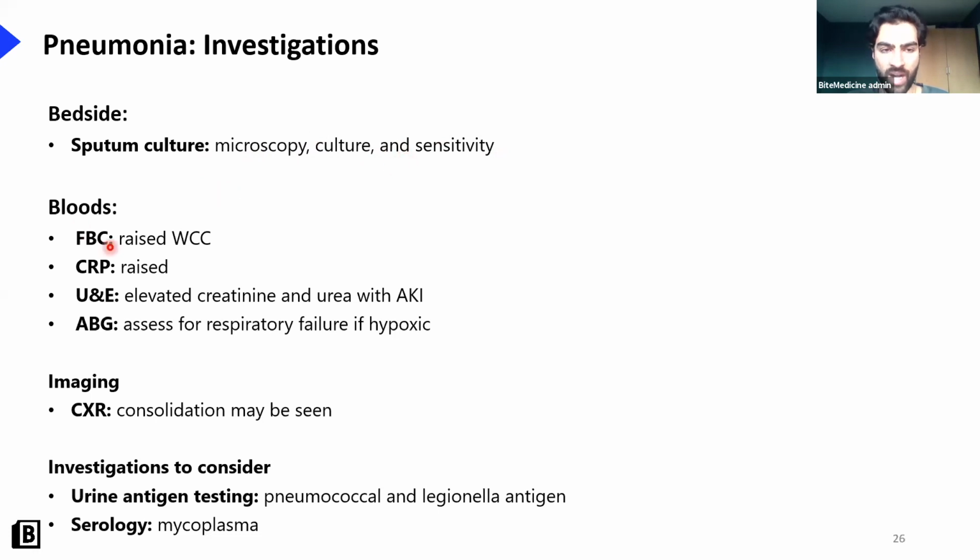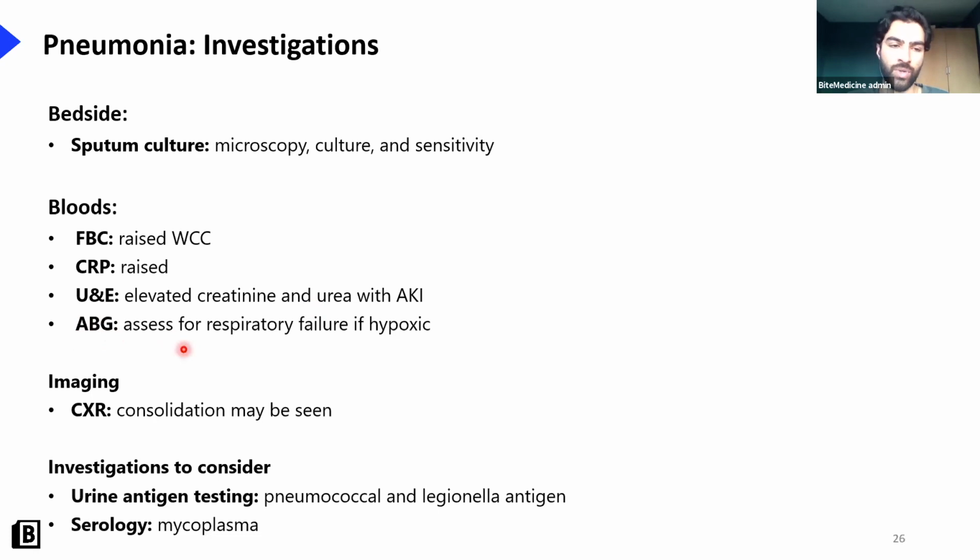Bloods, their white cells will be raised, their CRP will be raised. If the infection is severe, they'll develop acute kidney injury, which will raise their creatinine and urea. And that's why urea is a measure in the CURB score. If they are hypoxic, you can do an ABG to check their PO2 and see the extent of their respiratory failure.